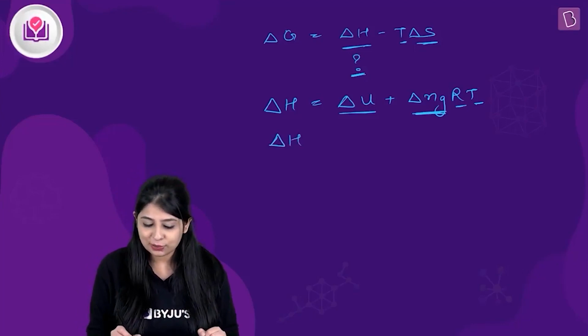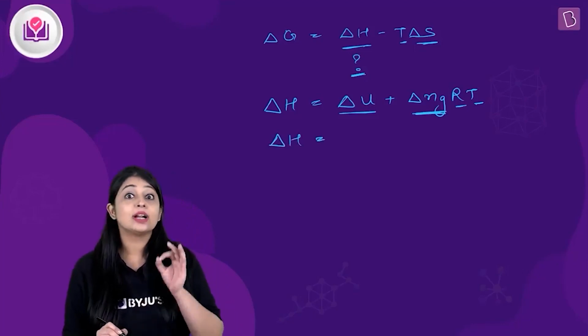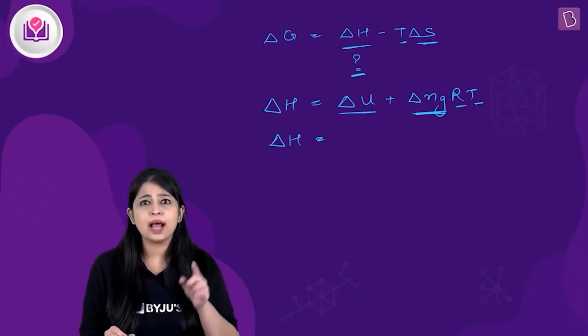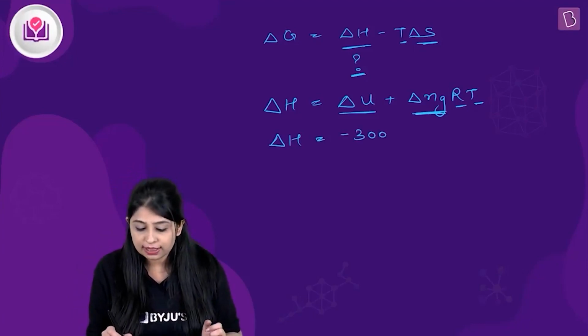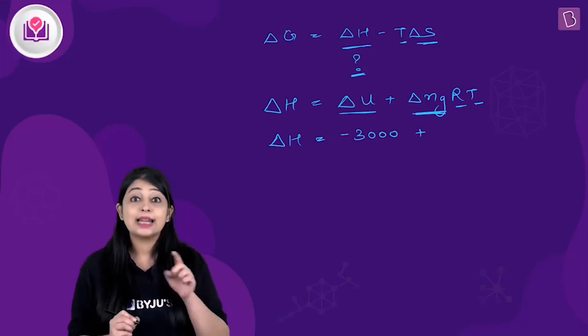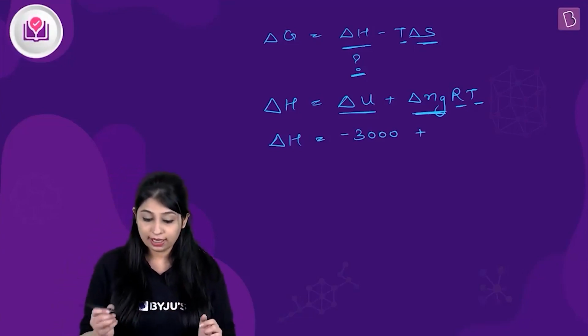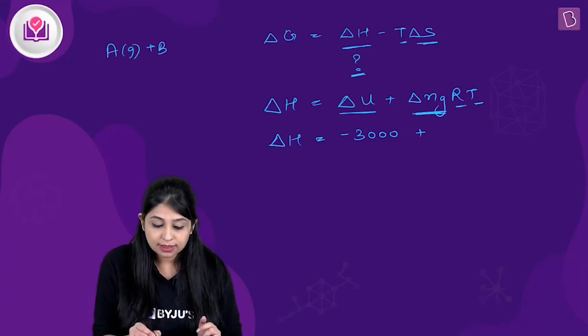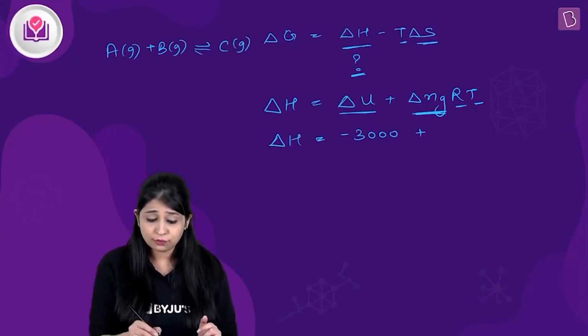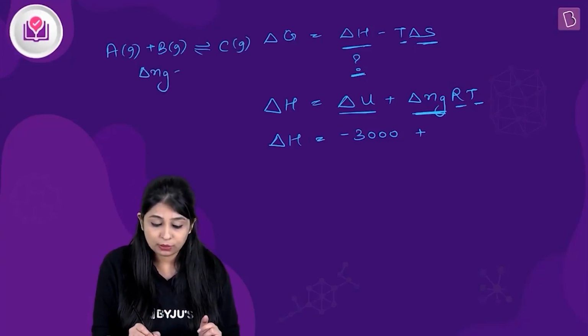So delta H will be equal to what? Delta U. Delta U is given to us as minus 3 kilocalories, which is minus 3000 calories, plus delta Ng. Okay, the reaction is what? A in gaseous phase plus B in gaseous phase gives us C in gaseous phase. Okay, so delta Ng will be equal to what?